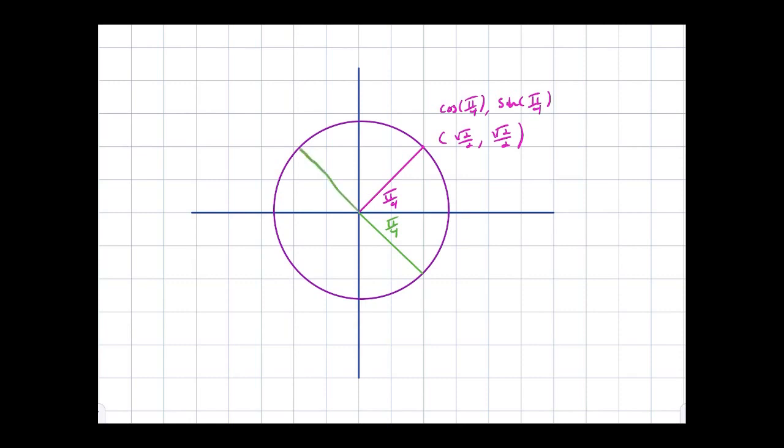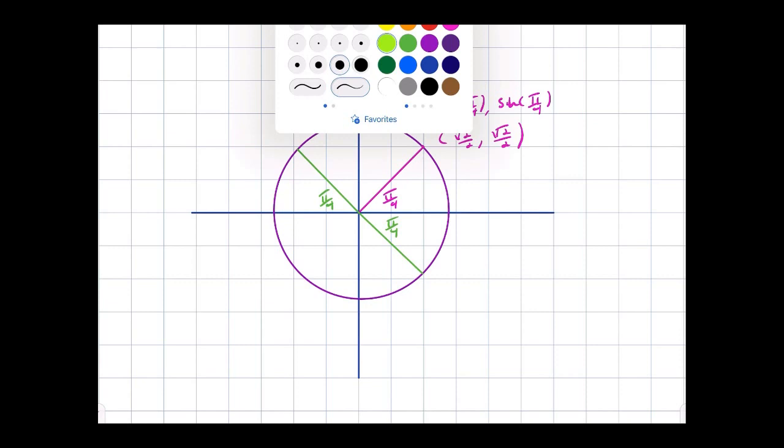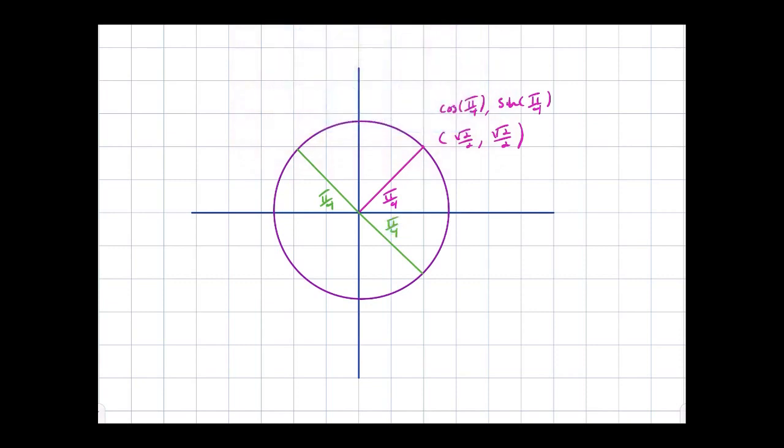And also here, if I put my related acute angle there, I'm to the left of the y-axis, so the cosine, the x, will be negative, and above the x-axis, so the sine, the y, will be positive. I think I said that right. These are the related acute angles that I want.